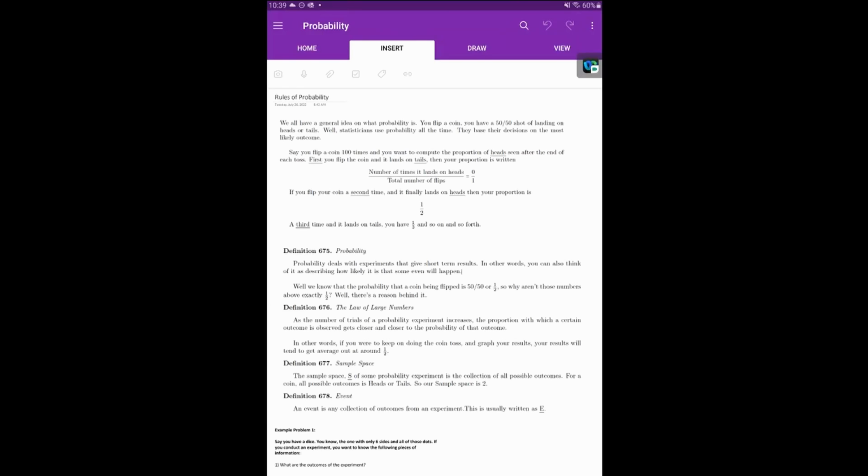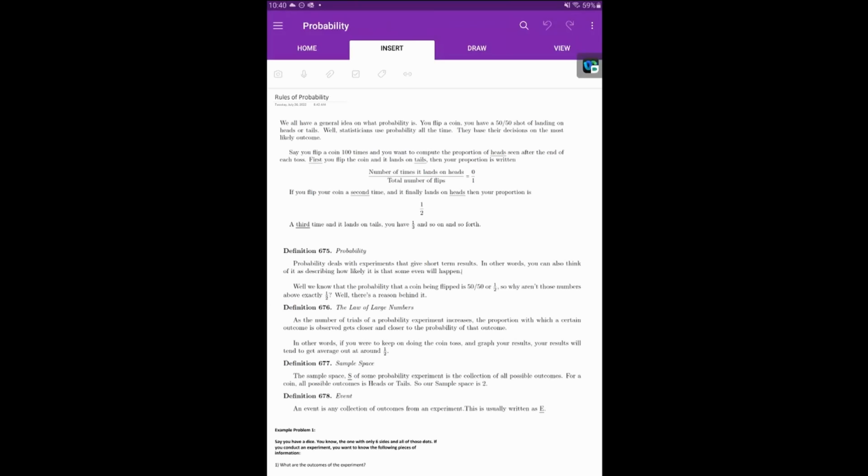Now, if you flip your coin again and it lands on heads, then you have one head out of two flips, so 1 out of 2. If you flip a third time and it lands on tails, you have one head out of 3 total flips. You keep repeating that process until you get to 100 flips. That's what we mean by probability, like flipping coins.